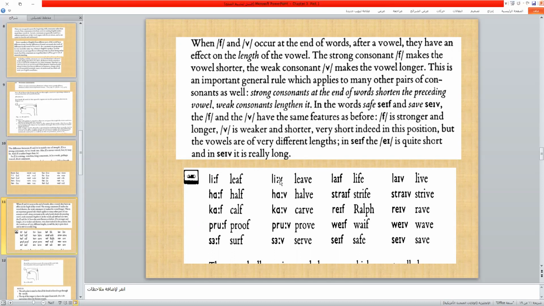While the v here is voiced, weak, and lengthens it, makes the vowel longer. So the vowel here is longer than the vowel here. Why? Because it's followed by a voiced, weak consonant.